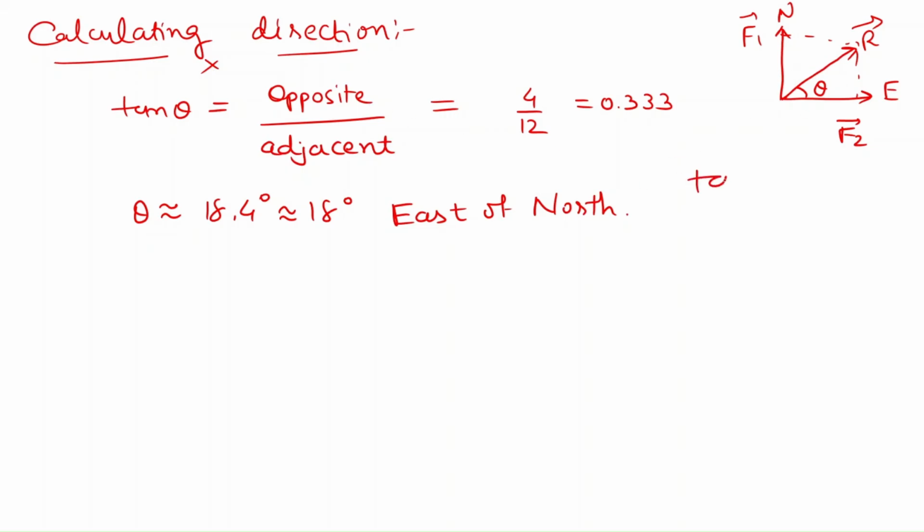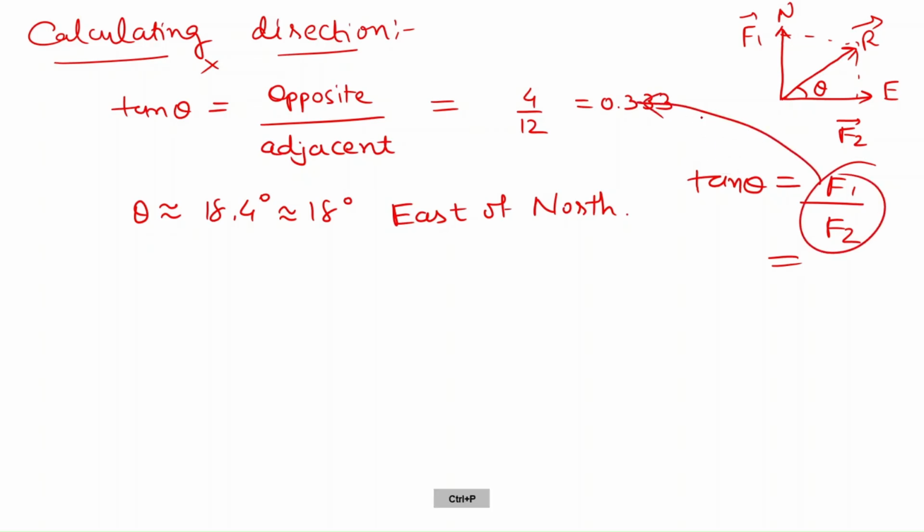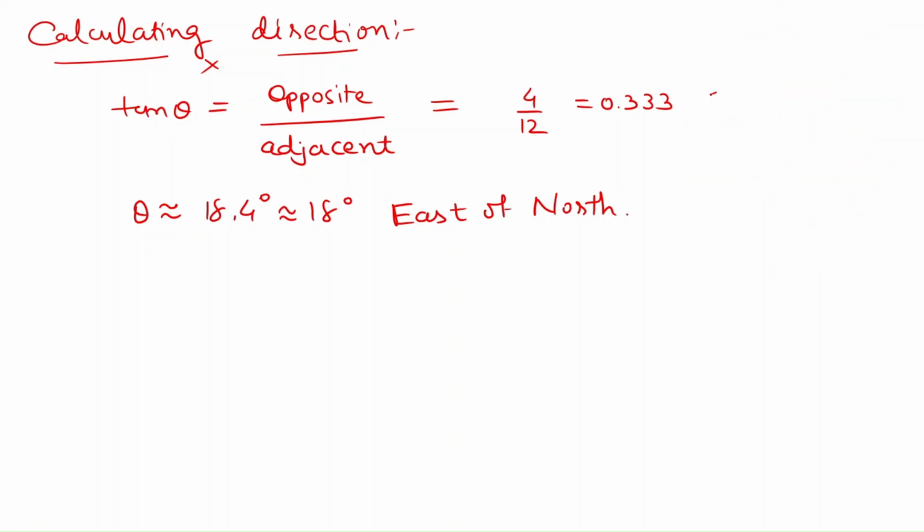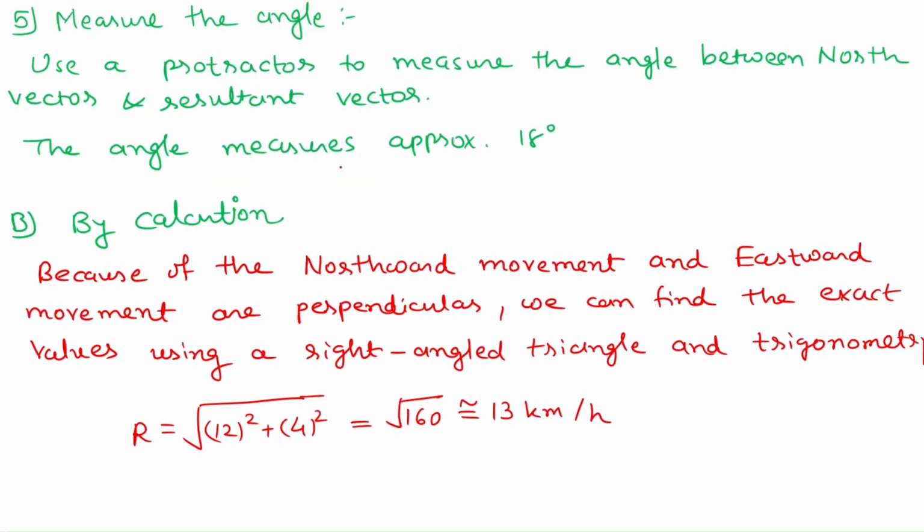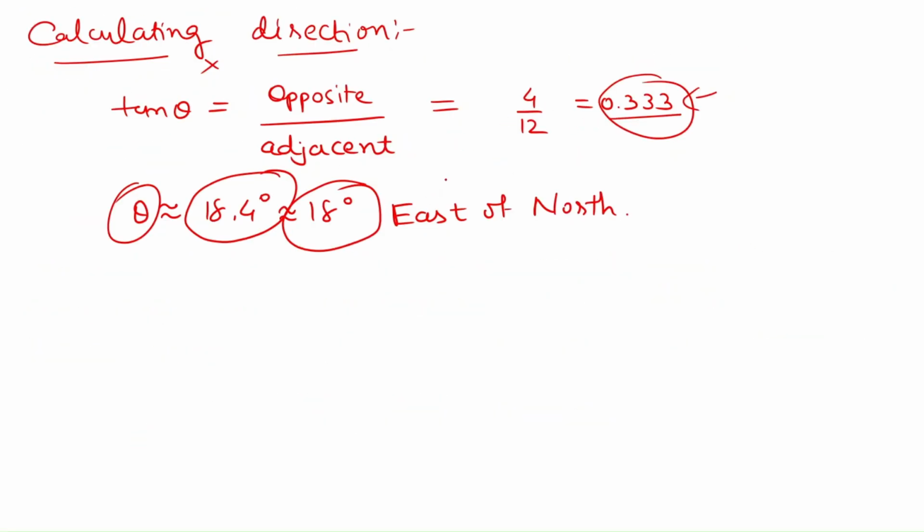So for that, what is tan theta? Tan theta means opposite over adjacent, which is F1 upon F2. Put this value in and you get the answer 0.333, and converting to theta means 18.4, but it is most likely 18, and we got the same answer.